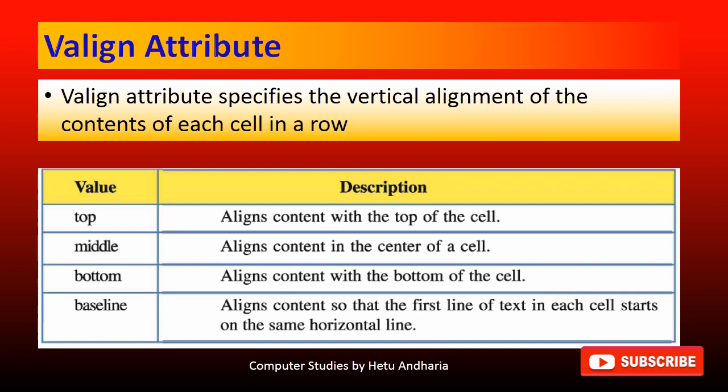If you type V align is equal to bottom, then it will align the content to the bottom of the cell. And last is baseline. If you type V align is equal to baseline, then it aligns the content so that the first line of the text in each cell starts on the same horizontal line.